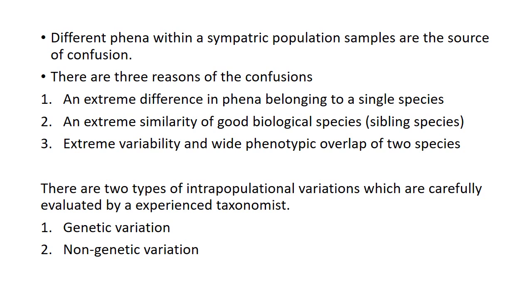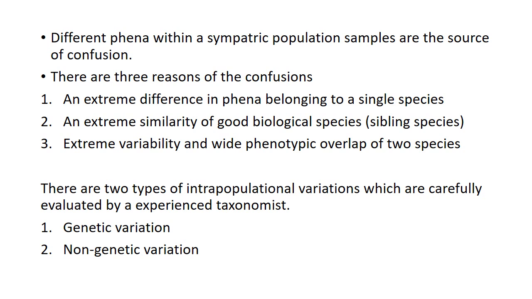So there are different reasons why we study taxonomy, and while working on different samples, we face different intrapopulational variants, and we need to compare these population samples to reach a conclusion as to which particular species an animal belongs to.